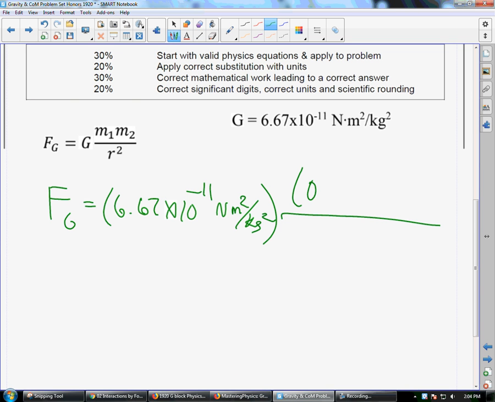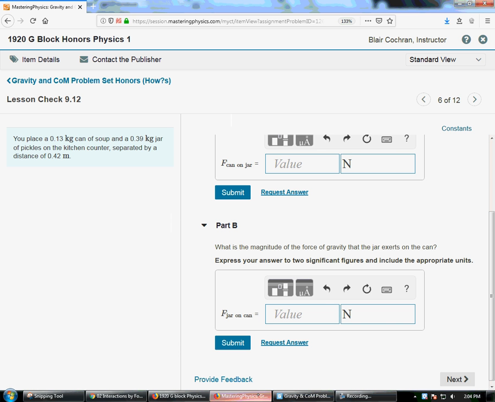So 0.13 kilograms, and the other one, 0.39.